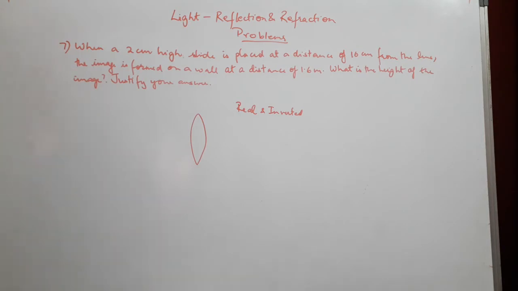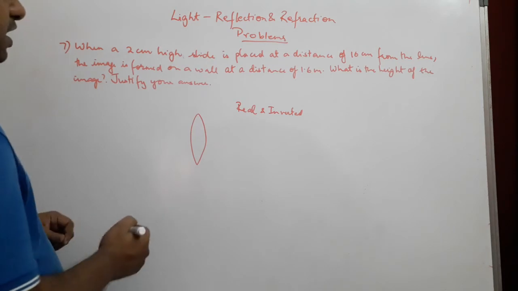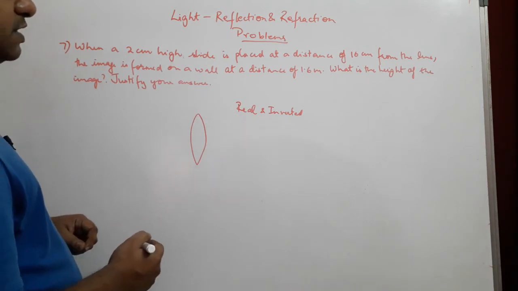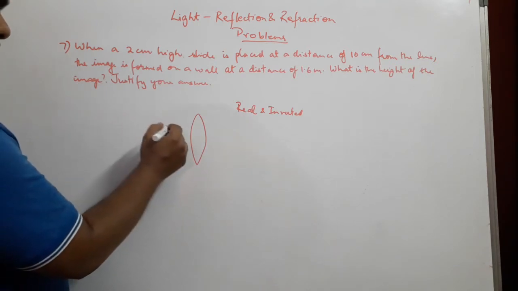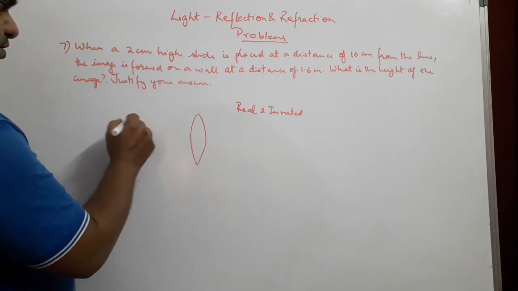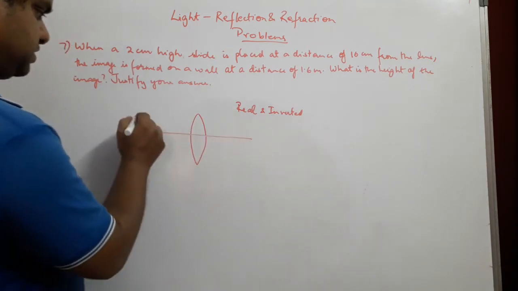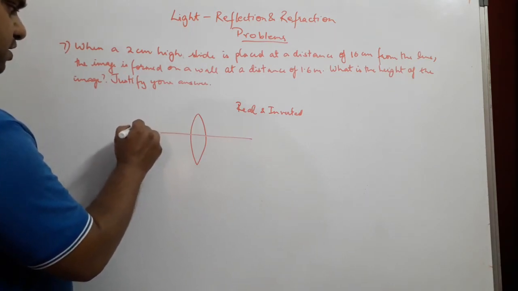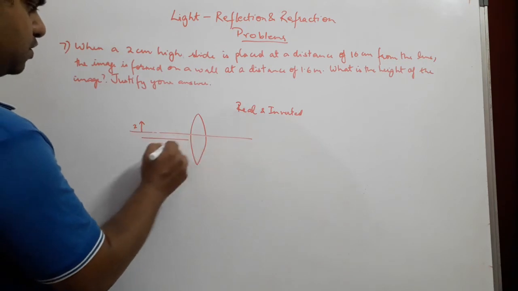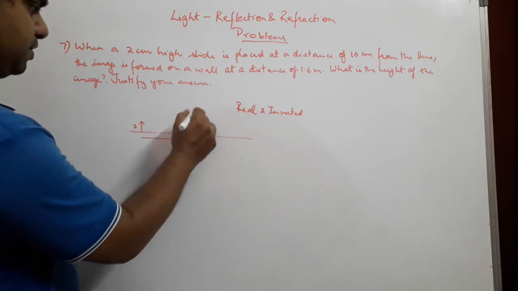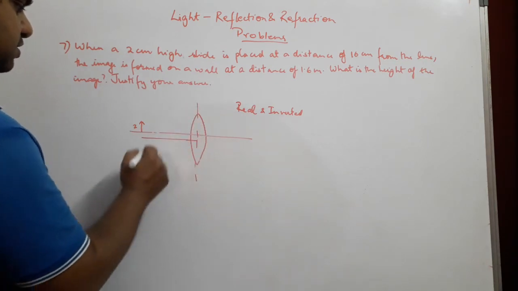So we have said a 2 centimeter high slide is placed at a distance of 16 centimeters from the lens, which means that if we take this as the principal axis, we have a 2 centimeter slide placed at a distance of 16 centimeters from the optical center.